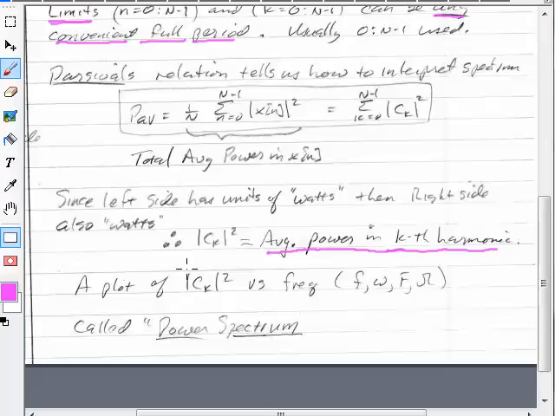If we plot the magnitude squared of the Fourier coefficient as a function of frequency, which could be little f or little omega, remember those are normalized, or big F or big omega, those are in regular units of hertz and radians per second. Or sometimes we plot versus k. K is just the frequency index. All of those are called the power spectrum of the signal, because the ck squareds are power values.